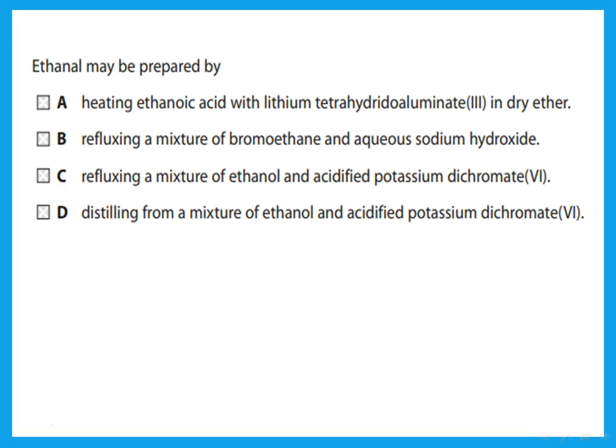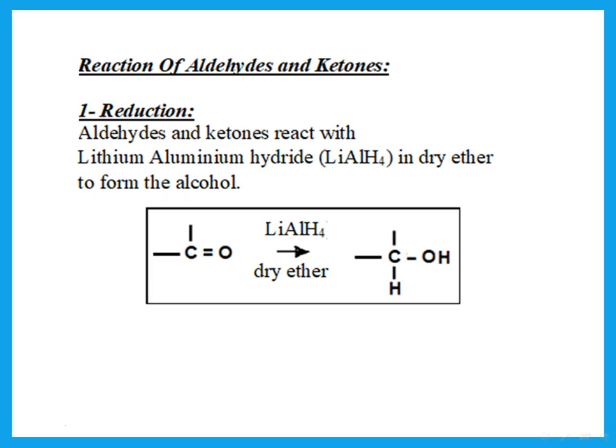Refluxing a mixture of ethanol with acidified potassium dichromate, remember we said we can oxidize a primary alcohol to an aldehyde, but if you heat it under reflux, it goes on to form an acid. It does not stop at the aldehyde. If we say distilling from a mixture of ethanol with acidified potassium dichromate, that is when we get the aldehyde. So as it forms, I distill it out, so it does not continue until it forms acid. So that is my choice.